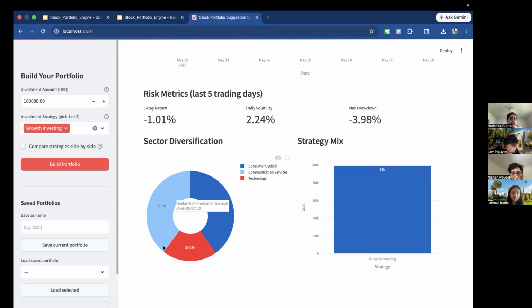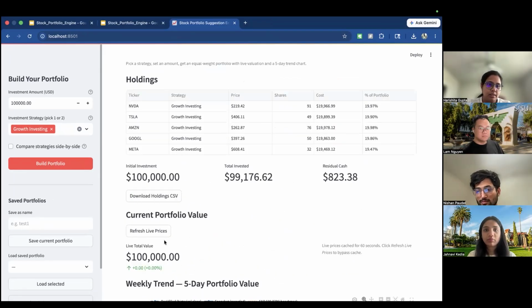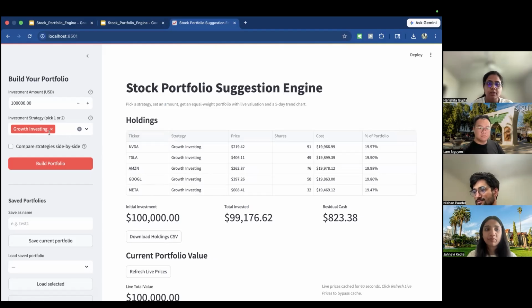So it shows how it has divided all the amount between the different types of shares. That was another extra feature that we have provided here. For growth, almost everything is technology and communication services, which makes sense, right? So these were the 3 test cases, and next is Nishan.